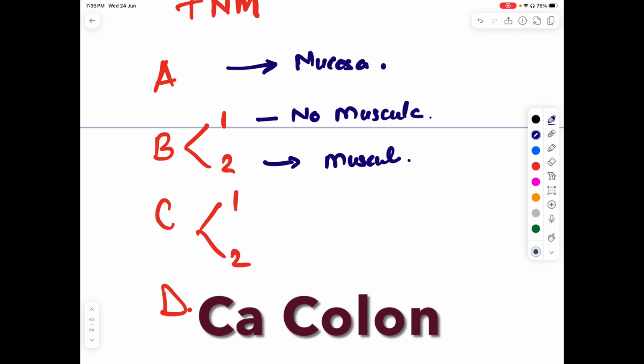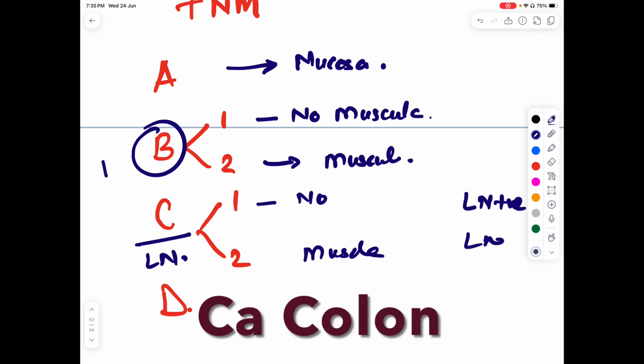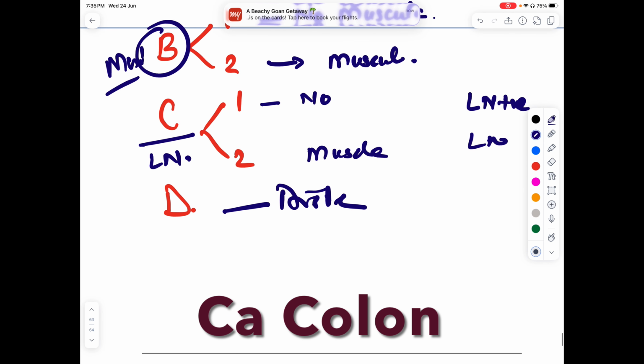And C1 again is lymph node positive, with lymph node positive and muscular layer. So C is lymph node, B is muscular, and A is limited to mucosa. And D is distant metastasis. So the muscular layer is the demarcation: 1, 2, B1, B2, and C is for the lymph nodes.